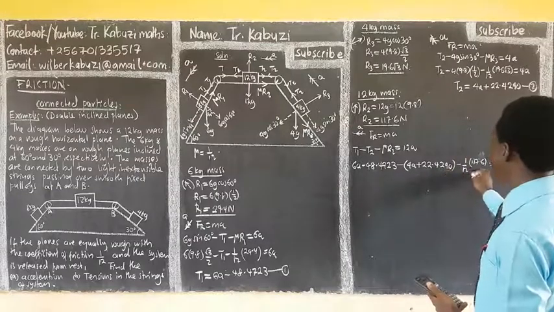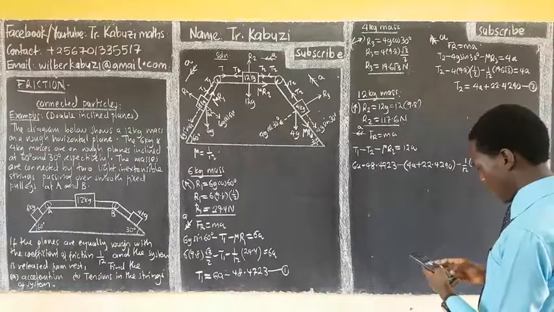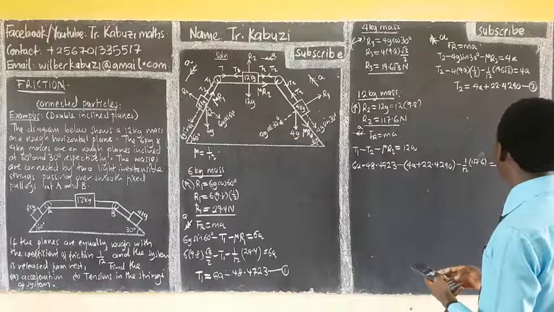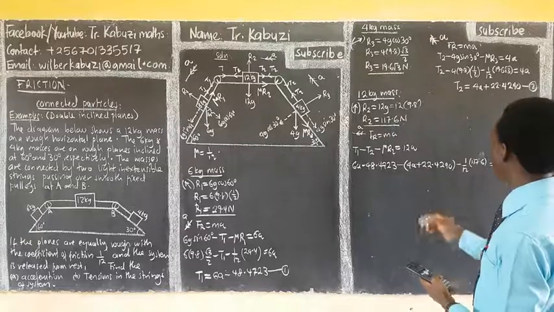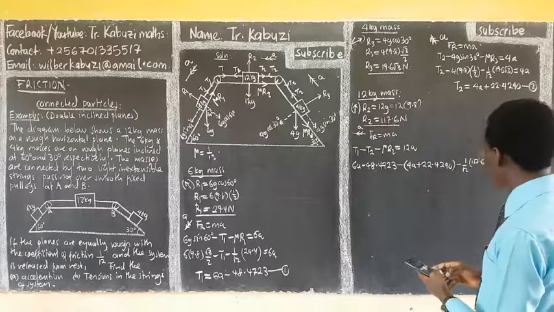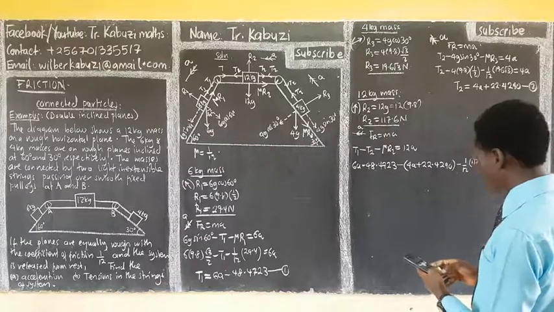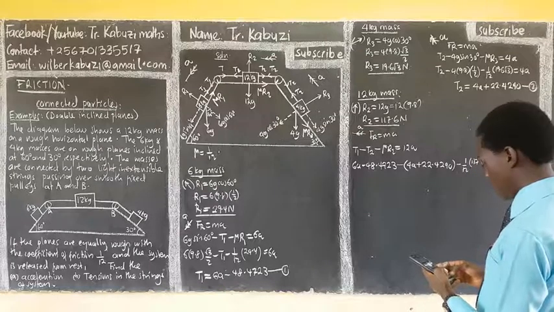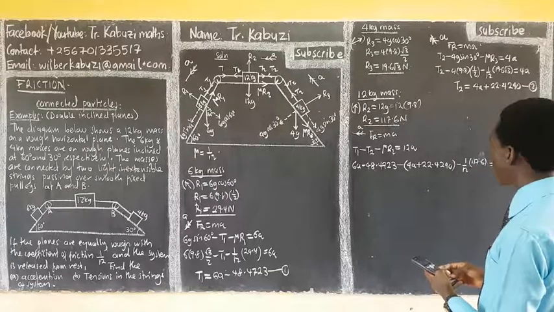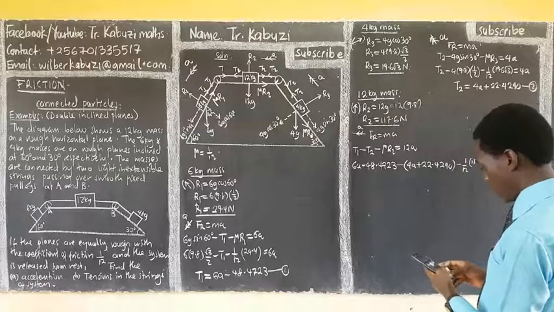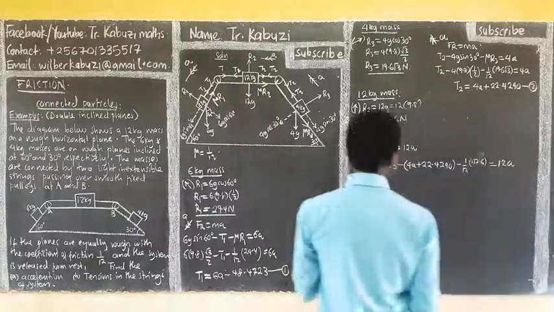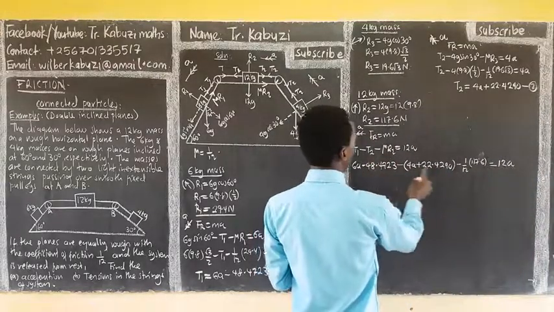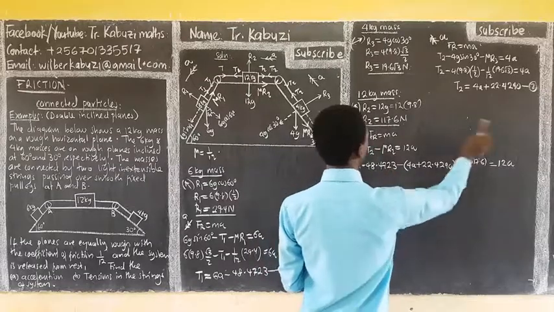So from here I start with this. Here I'm getting 18 when I combine these forces and take them to the other side.